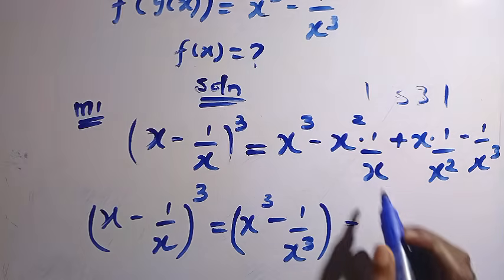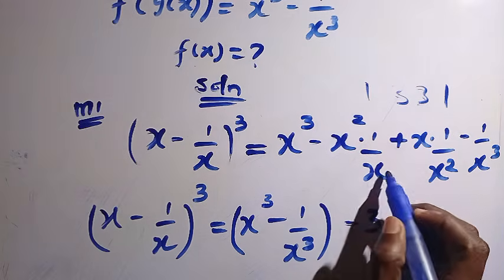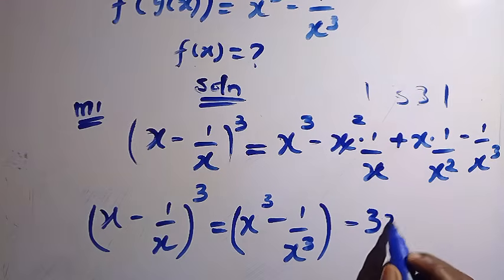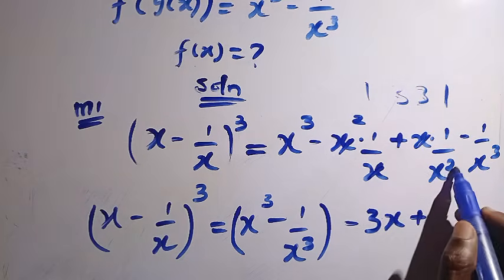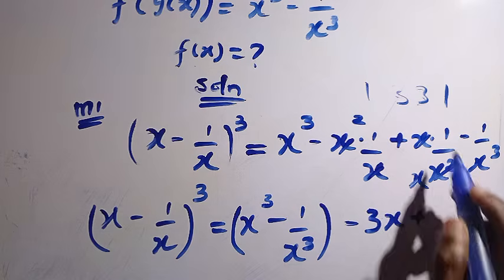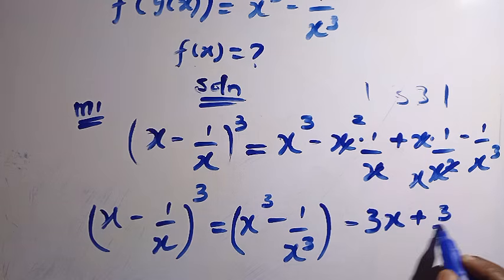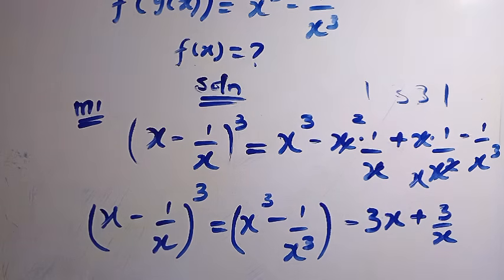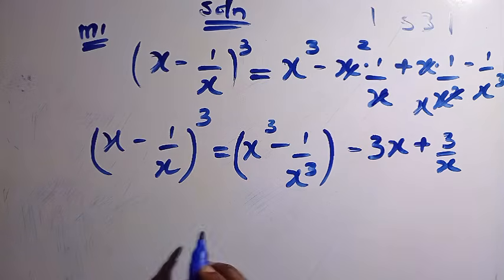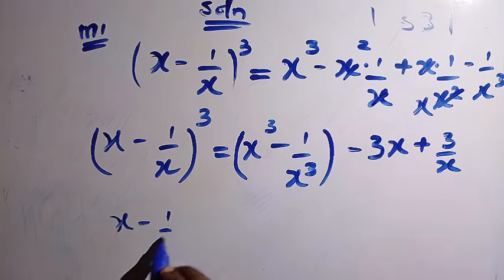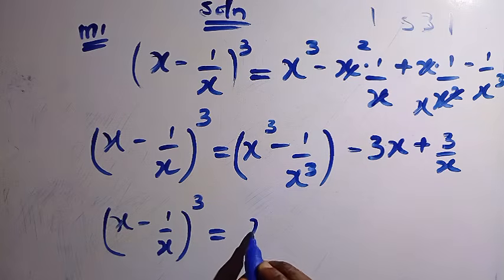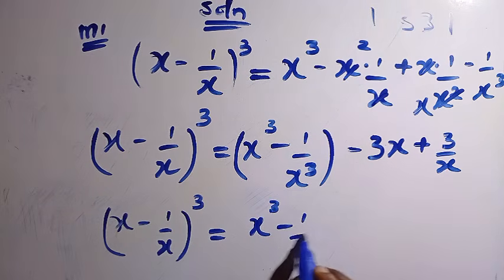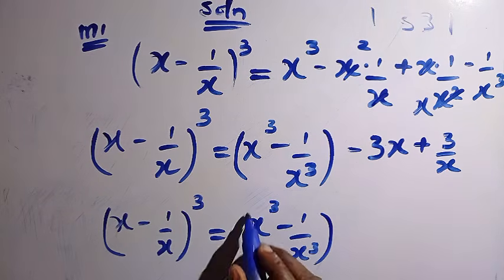So therefore, we have 3, then x will cancel 1 of x here, so this remains x. Then plus x will cancel 1 of x, so this remains x as well. Then 3 will multiply this, that is 3 over x. So for making this clear, we have x minus 1 over x all raised to the power of 3 equals x cubed minus 1 over x cubed.